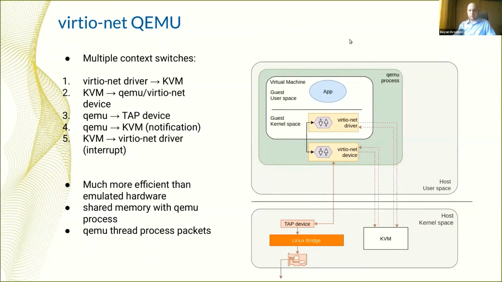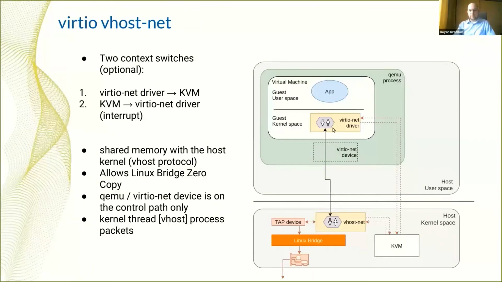It's obviously much more efficient than emulated hardware; virtio has been designed for this. The next alternative is QEMU bypass. So the virtio-net driver in the guest communicates directly with a vhost-net backend in the Linux kernel. QEMU only takes care of setting this up.